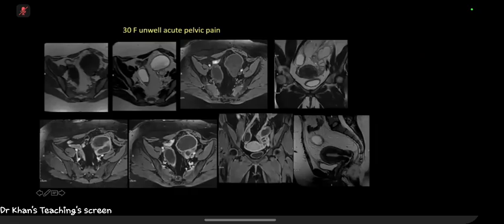I can see large bilateral pelvic cystic lesions. They're hypointense on T1, hyperintense on T2, and hypointense on fat-saturated T1. On coronal, I can see that on the left side, it is of convoluted appearance.